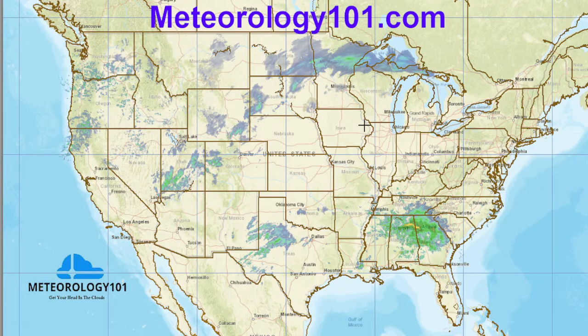Okay, so I have my base map overlaid on radar. It's a National Weather Service radar. This is a little bit older, maybe just an hour or two. Nothing serious. So you can see the convection over Alabama, Georgia. It was a little bit stronger.